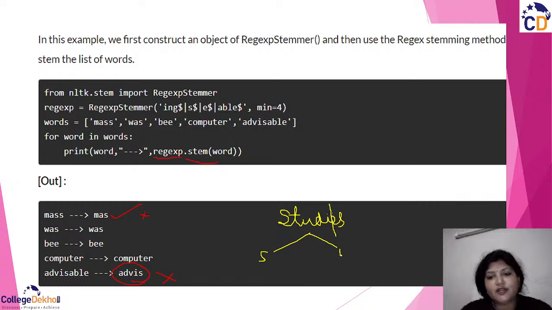But using lemmatization, it is going to provide you a complete word. The base form of studies is study, right? So this is the main difference you need to understand.